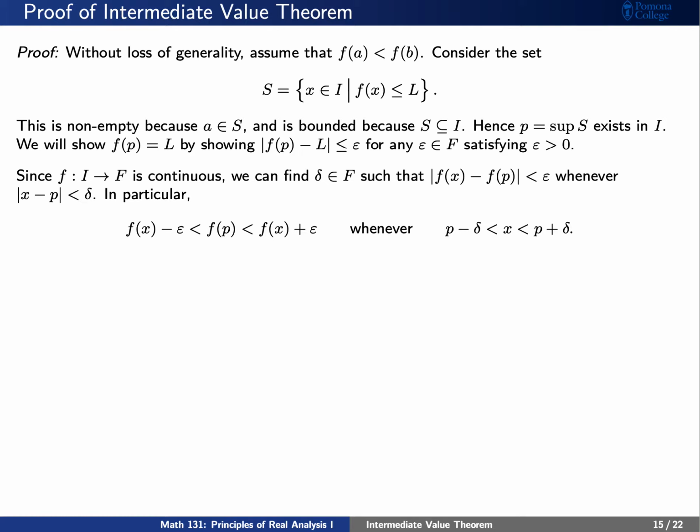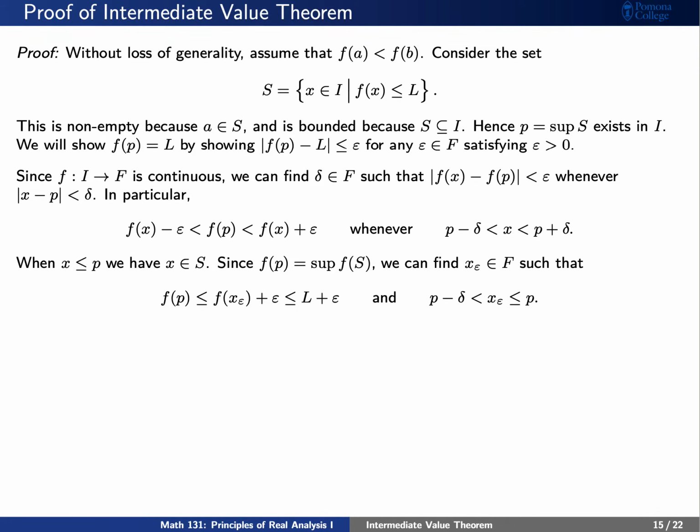Namely, f of x minus epsilon is less than f of p, which is less than f of x plus epsilon, whenever p minus delta is less than x is less than p plus delta. Here, we're going to break up our proof into two cases: the case where x is less than p, and the case where x is greater than p.